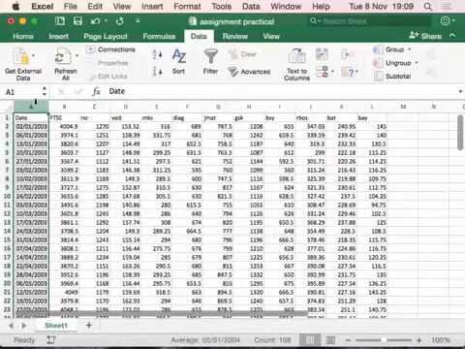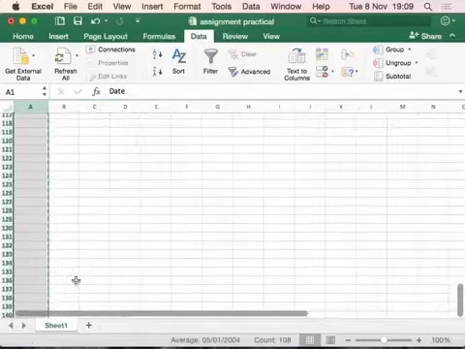I'll just copy this for convenience. You do it the way it's good for you. Actually, I shouldn't have highlighted all of it. 107 data points, isn't it? So we will need that later.